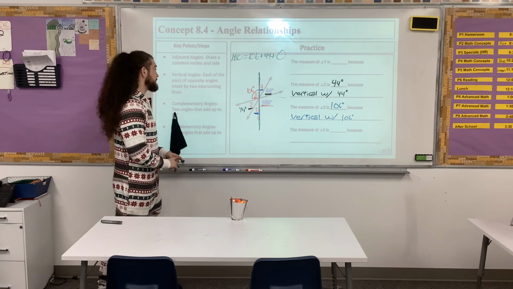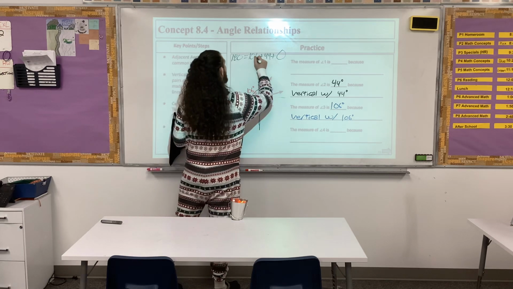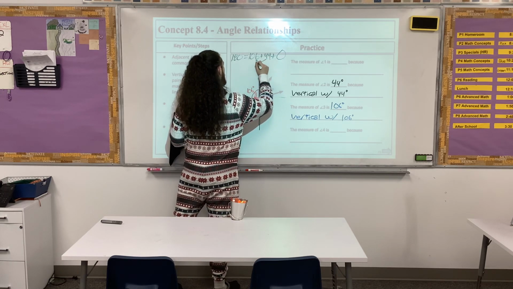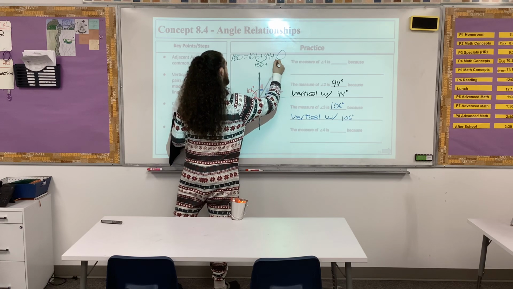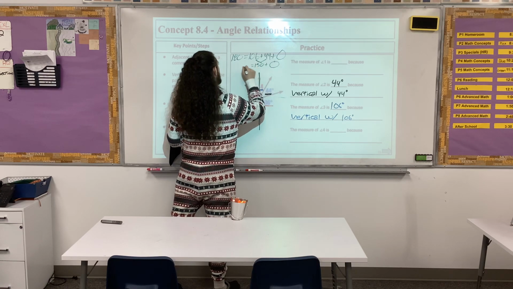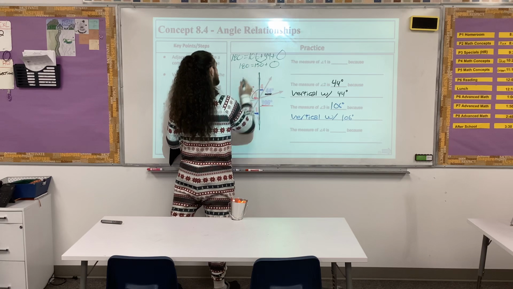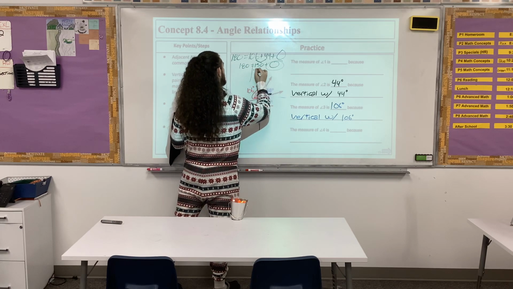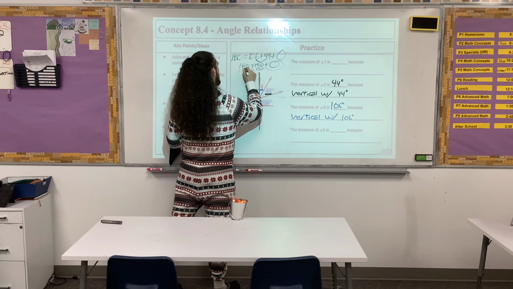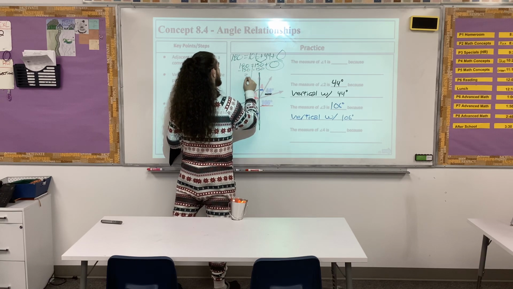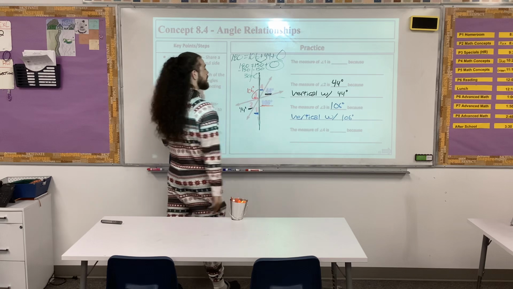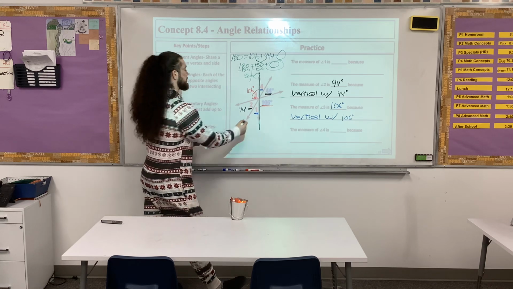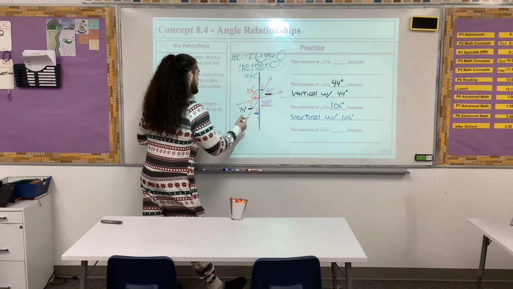Combine our like terms before we solve, and we get 150 plus angle 1 or O equals 180. Let's take away our 150. And I'm left over with 30 degrees. So angle O, or angle 1, is 30 degrees. Cool.